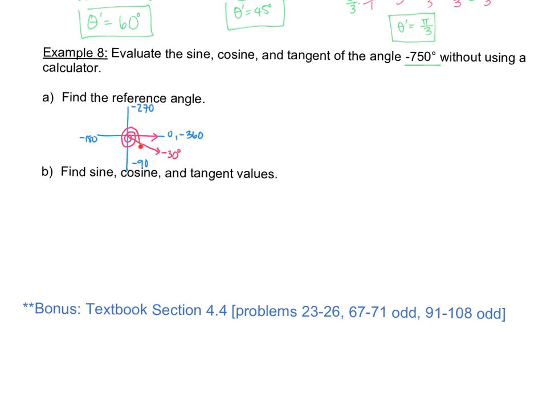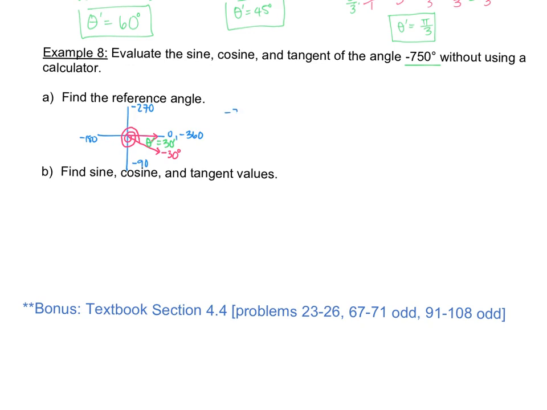Because I'm passing it another 30 degrees, this would be negative 30 degrees past the x-axis. So that tells me that this reference angle is going to be 30 degrees, because reference angles are always positive angles. Let me show you the math.